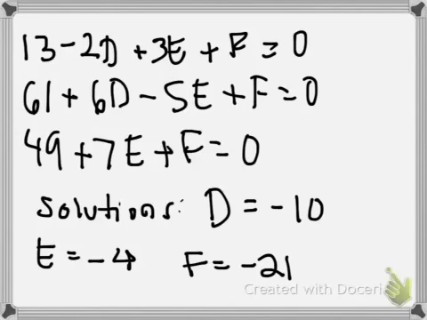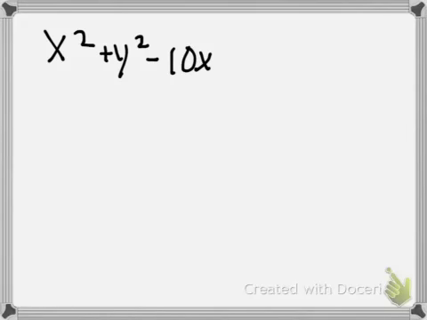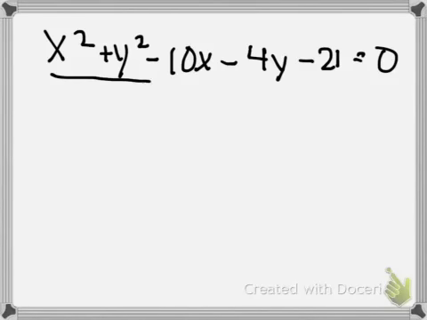We can then plug these values into the general equation of a circle, and the equation we get is x squared plus y squared minus 10x minus 4y minus 21 equals 0. So now that we have it, to easily graph the equation and find the center and radius, you must put this equation into vertex form by completing the square.